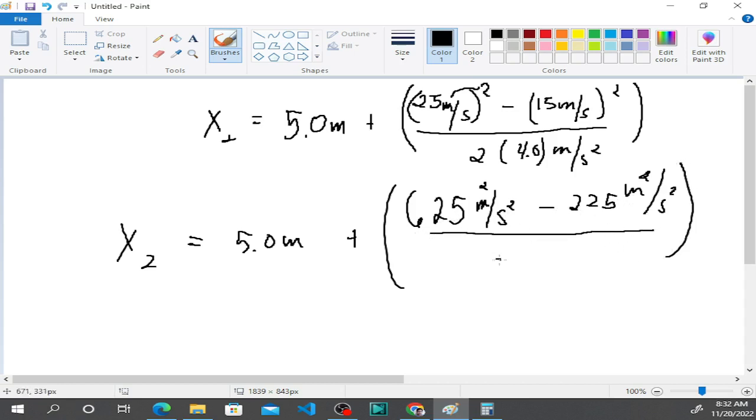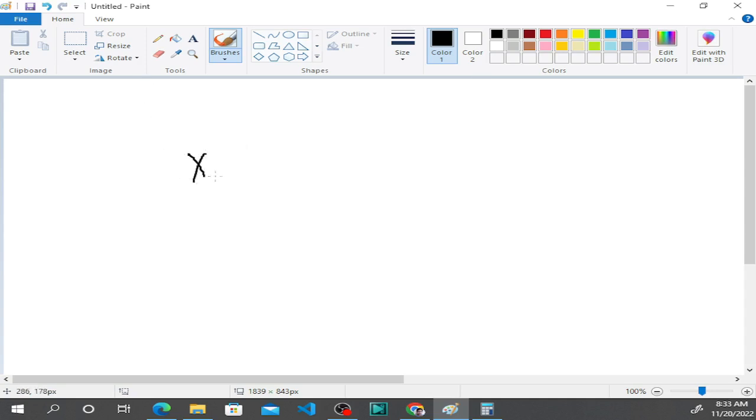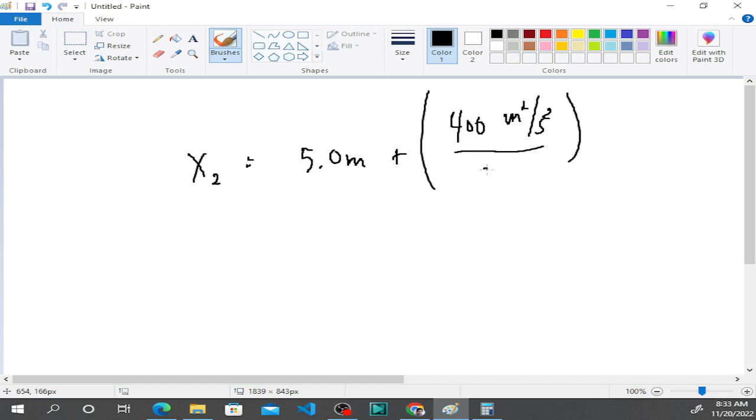Then 2 times 4 is 8, meters per second squared. So this will yield x₂ is equivalent to 5.0 meters plus, we factor out the unit first to show you the dimensional analysis, 400 meters squared over seconds squared all over 8 meters per second squared.